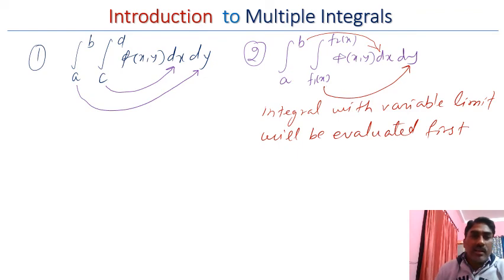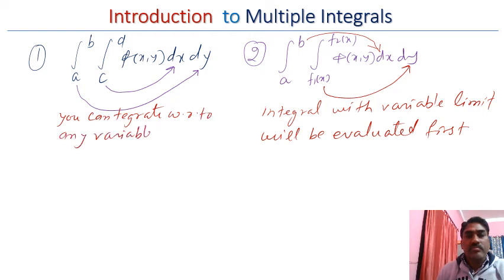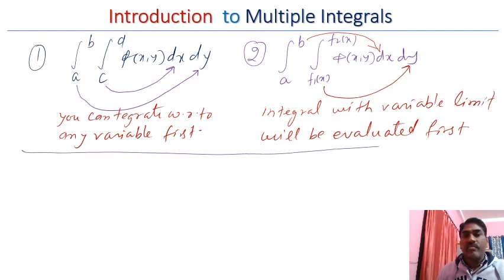But in the first one, you can integrate with respect to any variable first. You can integrate first with respect to x or first with respect to y. Limits are predefined in the order. In the same fashion, we define higher order integrals, meaning multiple integrals.